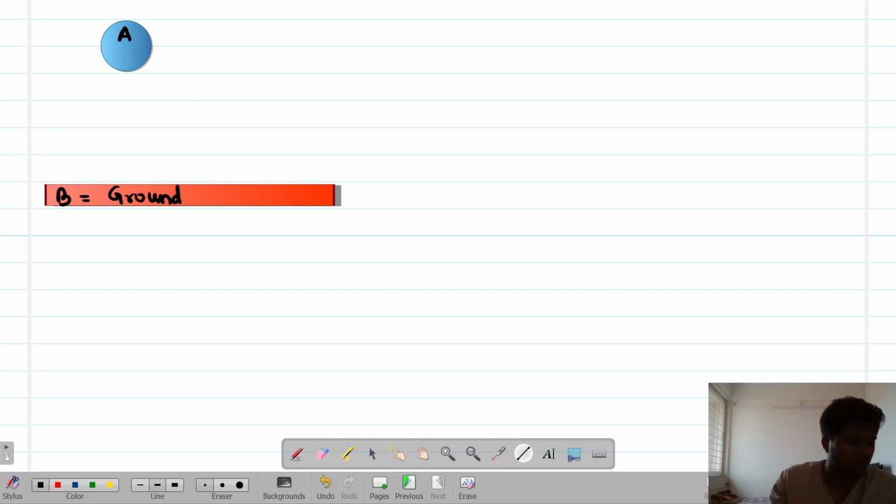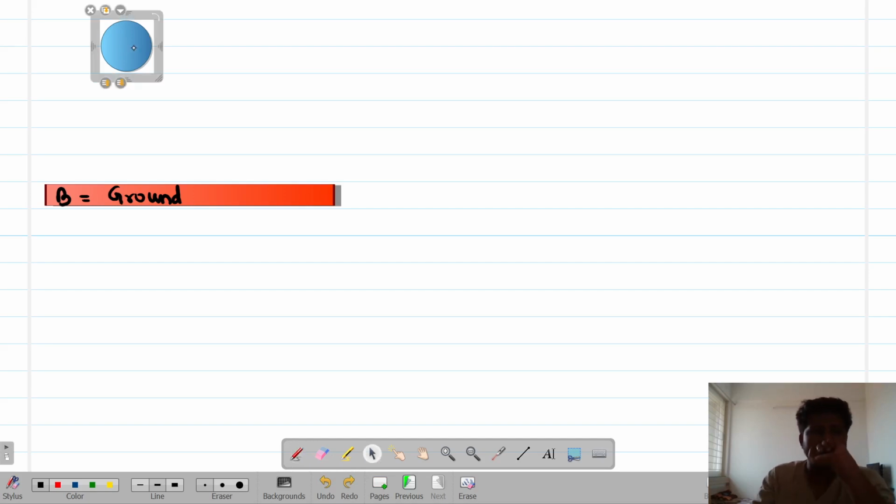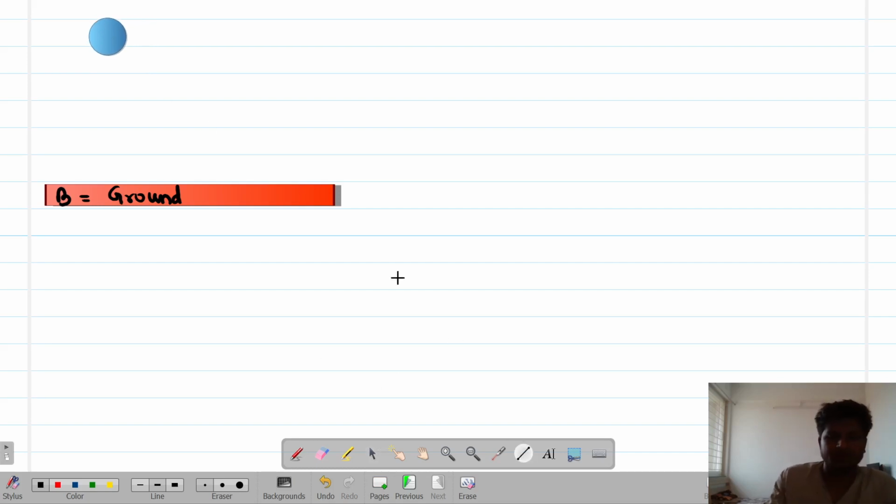Let's suppose the ball starts to fall with some velocity v naught towards the earth, towards this ground surface. This velocity v1 is attained after traveling height h. Are you able to get me or not? So it is just released from here. Let's suppose I just release it from here.